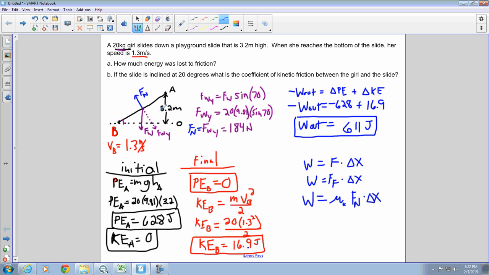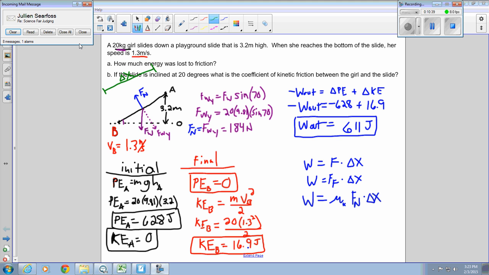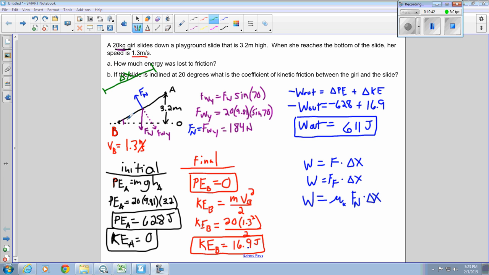the linear hypotenuse of this triangle. If we know it's 3.2 meters high and we have a 20-degree angle, that's going to lead us to getting this hypotenuse using our sine of 20 degrees. Let me clarify that. So the displacement, this length, we're going to use this 20-degree angle here.